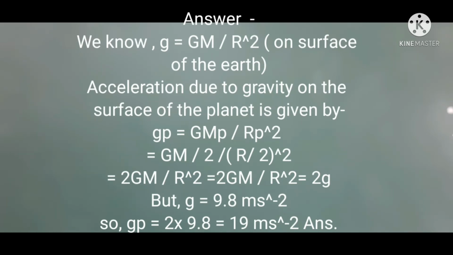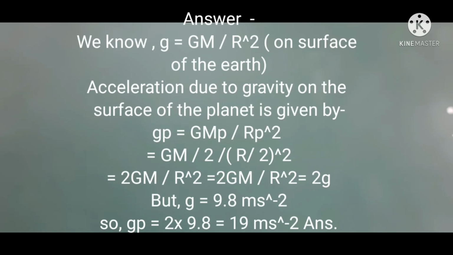Acceleration due to gravity on the surface of planet is given by small gp is equal to capital G Mp upon Rp whole square is equal to G into M upon 2 upon R upon 2 whole square is equal to 2GM upon R square is equal to 2g. g is equal to 9.8 meter per second square.